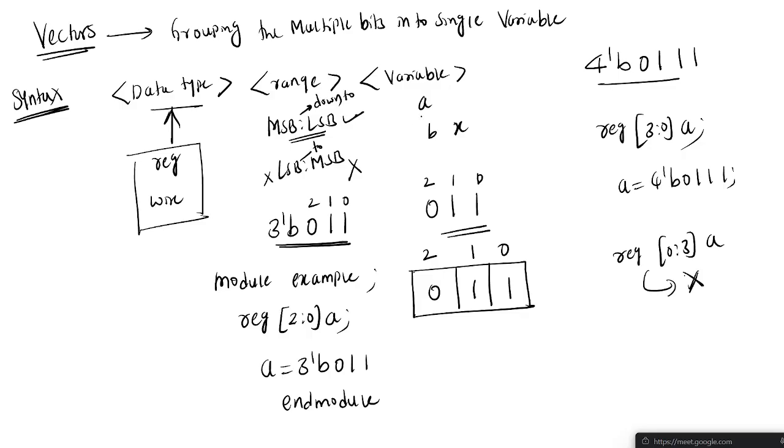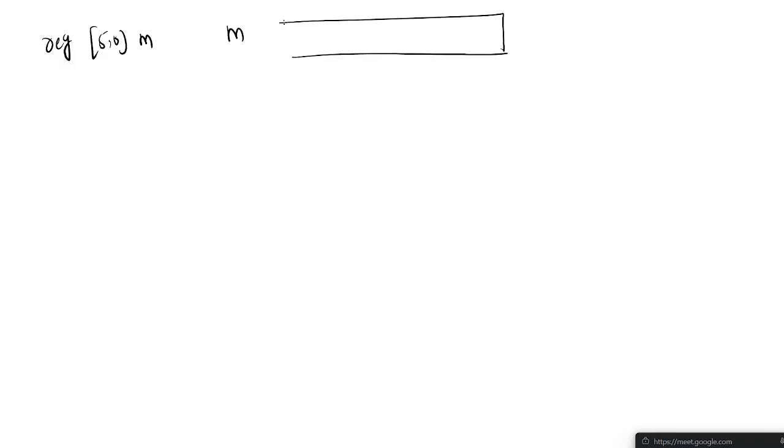And next, if you see, suppose reg [5:0], I am considering M. I want to store some value. M is how many bits? 6 bits.